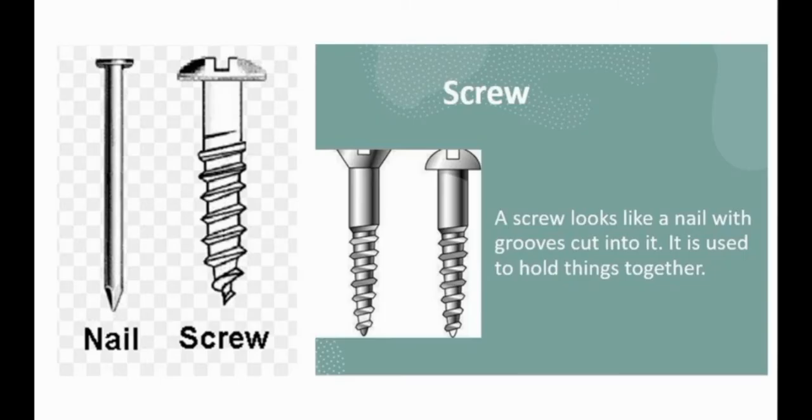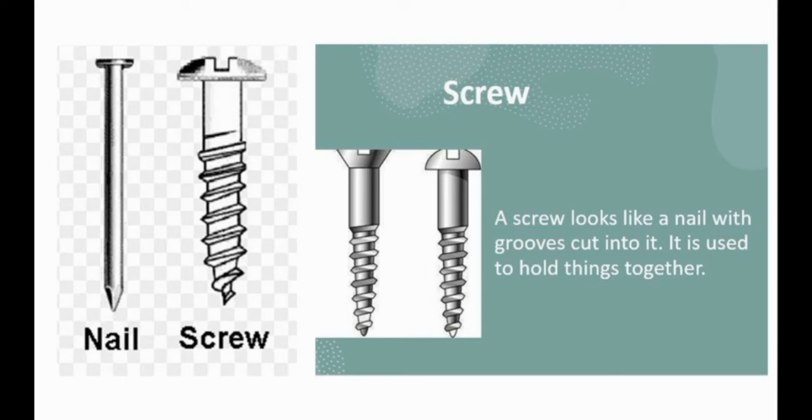Next simple machine is the screw. The screw looks like a nail with grooves cut into it, and it is used to hold things together. When we compare a screw with a nail, a screw is always better. Why?